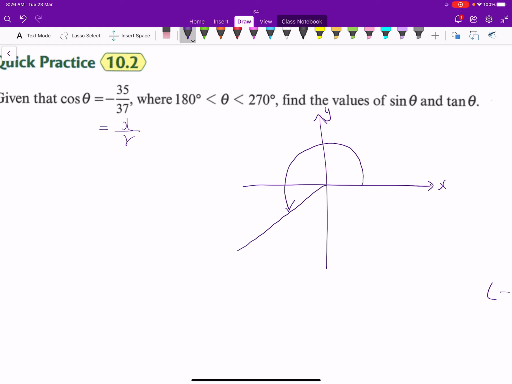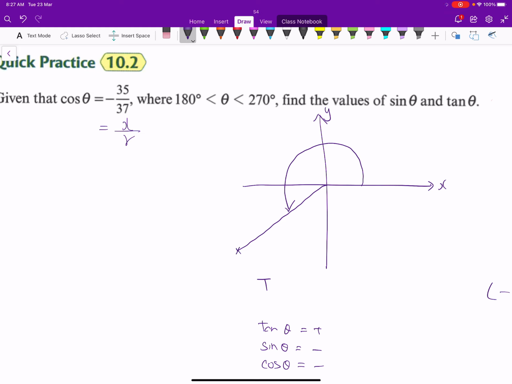So it is in the T quadrant. That means tangent theta is positive, sine theta is negative, and cosine theta is also negative in the T quadrant.